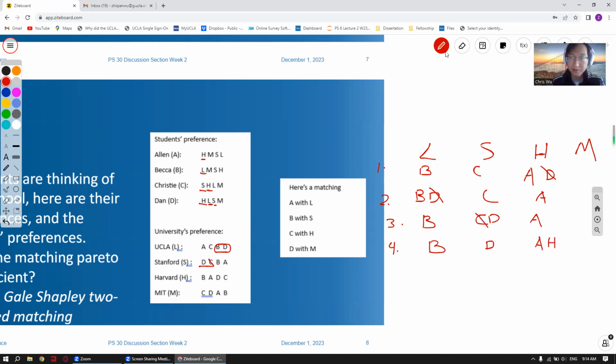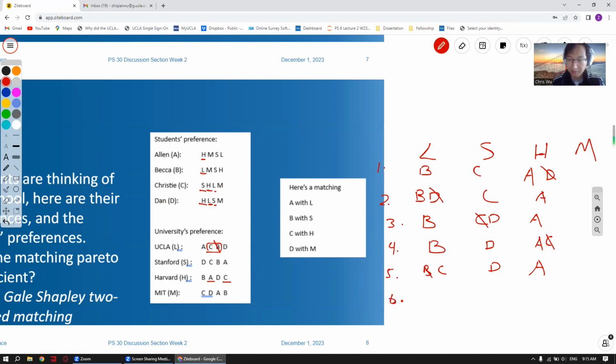And Harvard again chooses between A and C, and says I like A better. So let's get rid of C. In the fifth round, C goes to L, then B and C here, D and A here, and L, choosing between B and C, would choose C, not B, right?